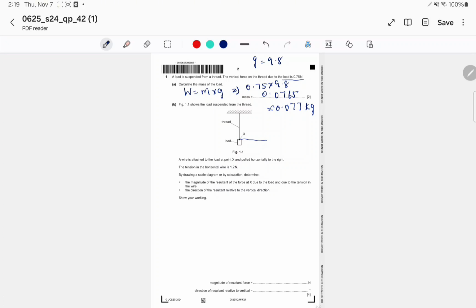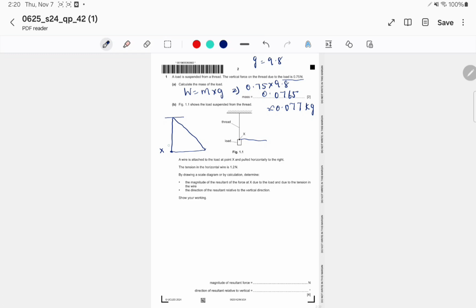I'll draw it here simply. The load is hanging from the thread. From the point X, the wire extends in the horizontal direction this way, and we have to find the resultant.